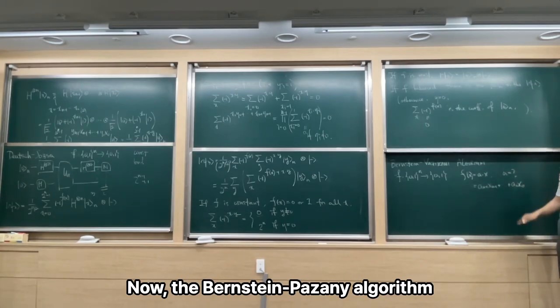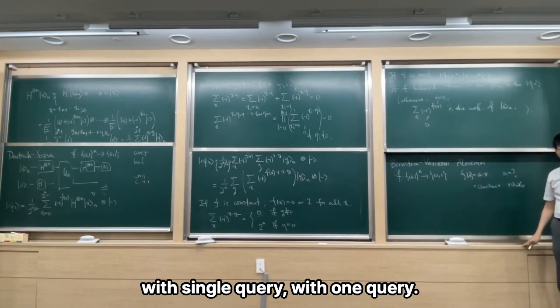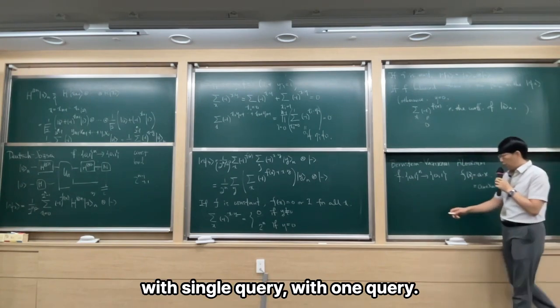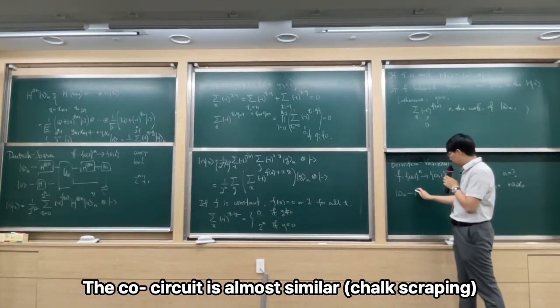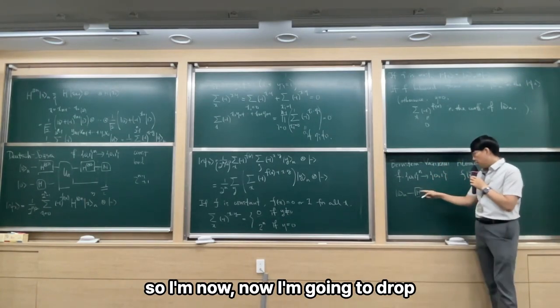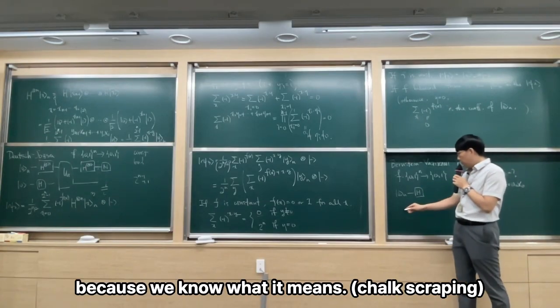Now, the Bernstein-Vazirani algorithm is a quantum algorithm that can find the a with a single query, with one query. So the situation is similar. The circuit is almost similar. Now I'm going to drop the tensor product superscript n because we know what it means.